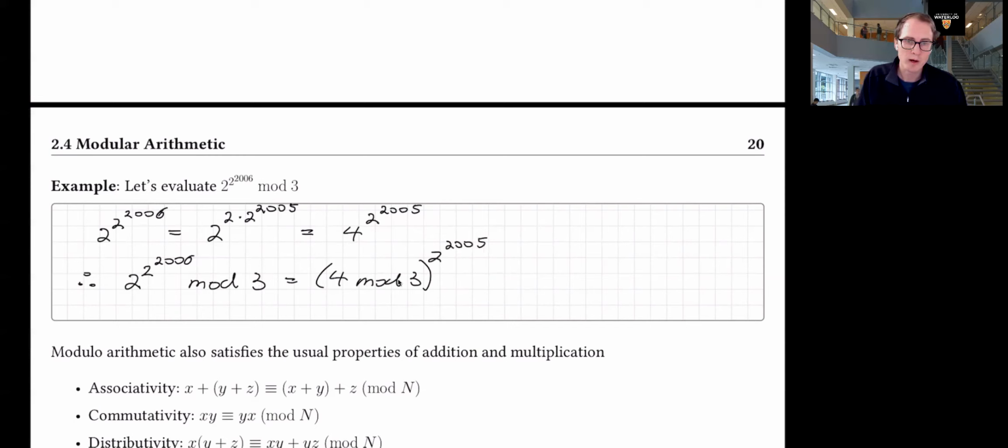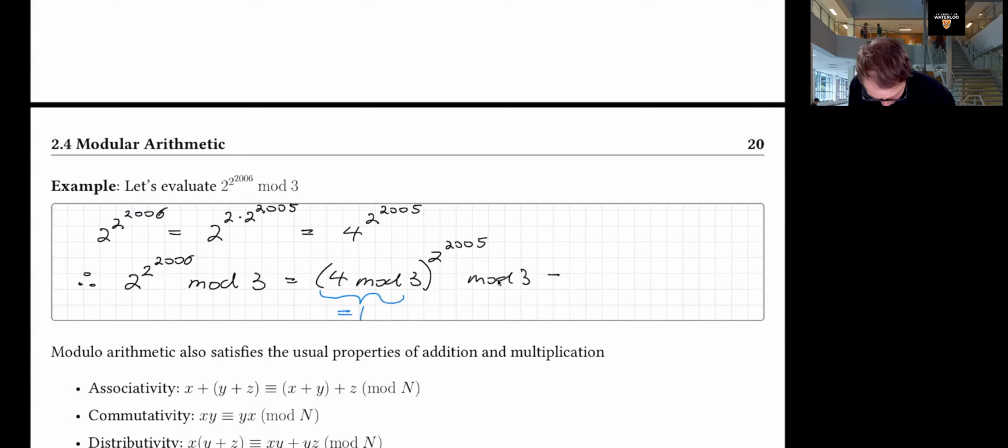But we know that 4 mod 3 is just 1, right? 3 goes into 4 once with a remainder of 1. And so this is just equal to, and I should write another mod 3 outside of here, because the result of this, we don't yet know, is a number less than 3.